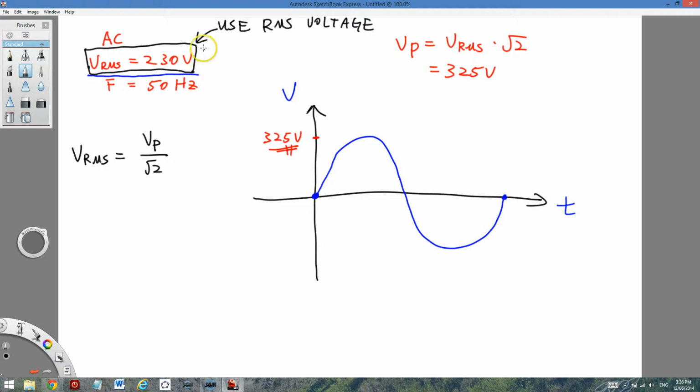This means this AC current has the same equivalent effect as a 230 volt DC voltage. So in calculations, we always use the RMS voltage.